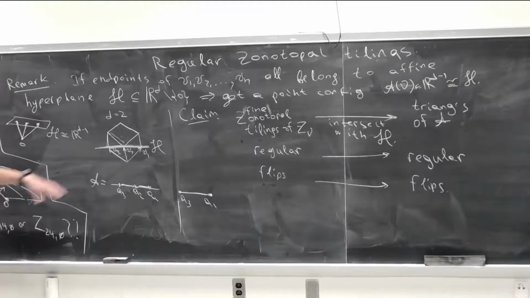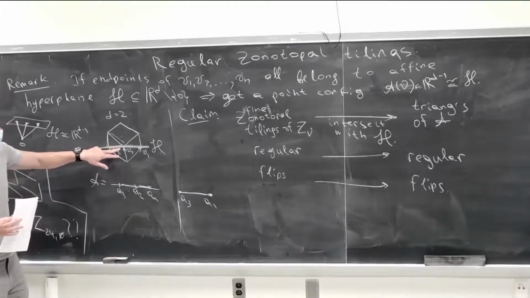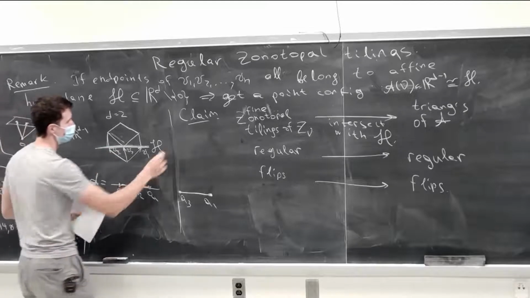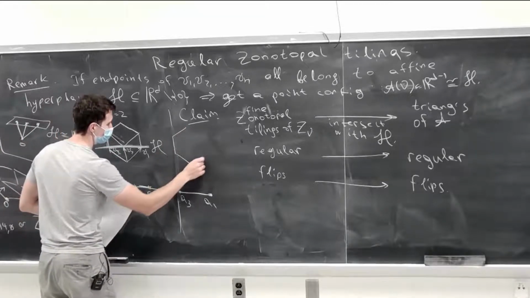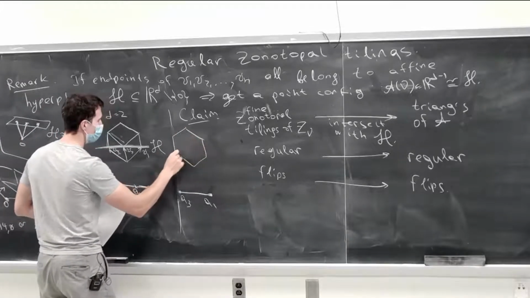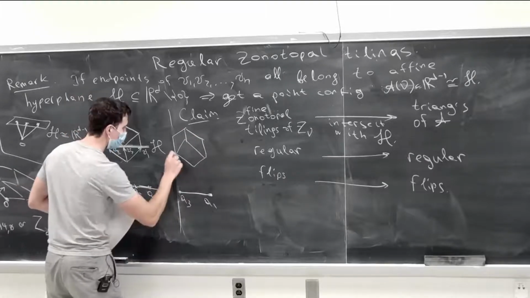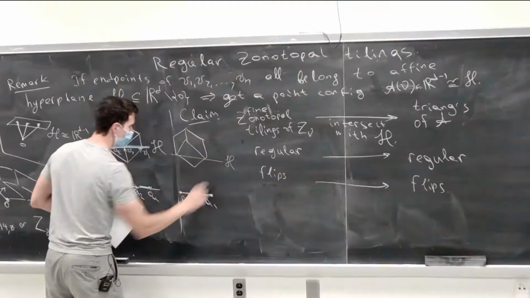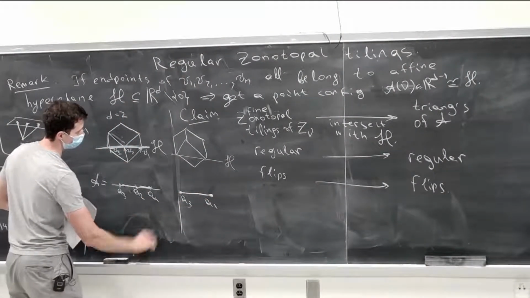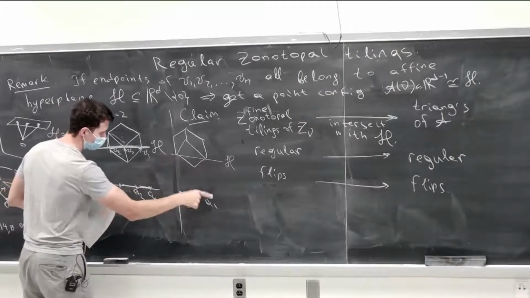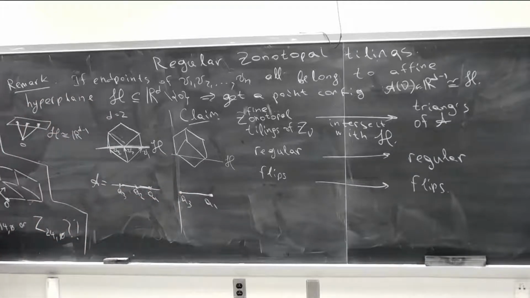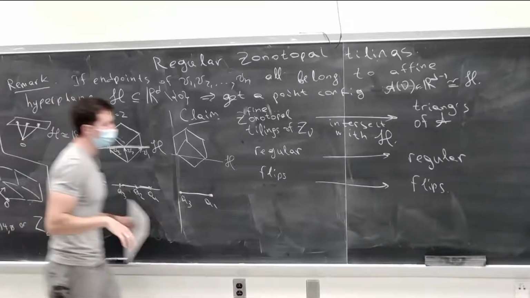I can draw the tiling upside down, but H is still at the bottom. In particular, I have a single tile, and its section is the single simplex here. All right. Very nice.